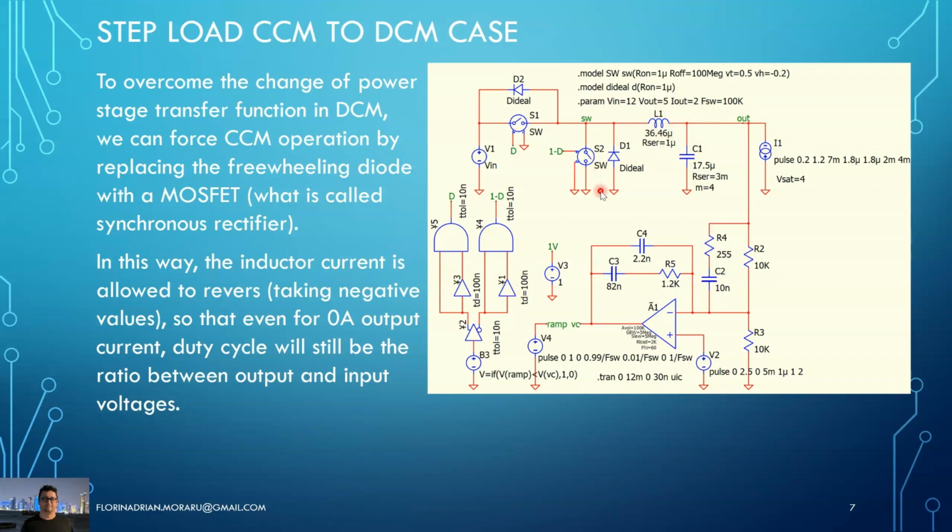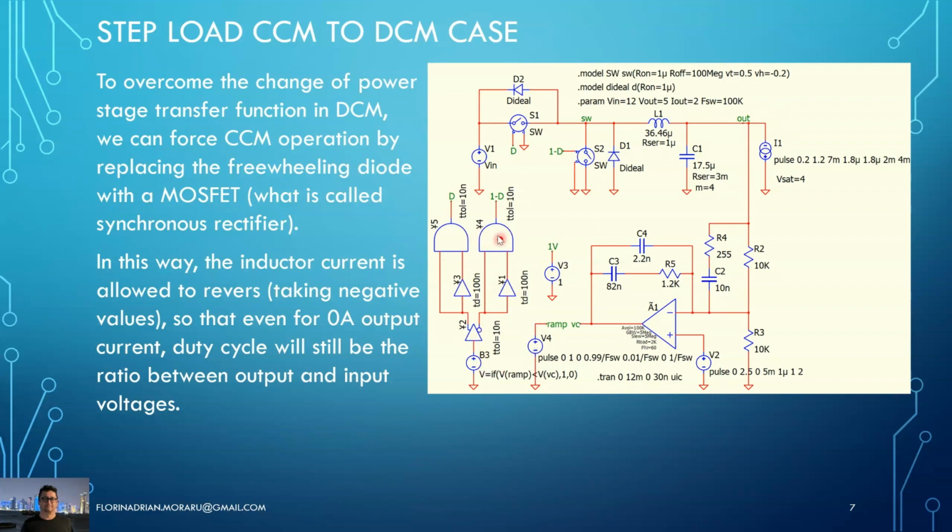So if we force this continuous conduction mode state, then the transfer function of the power stage itself will not change, regardless of the load current. So then we can expect to have the same transient behavior as in continuous conduction mode for all output currents.